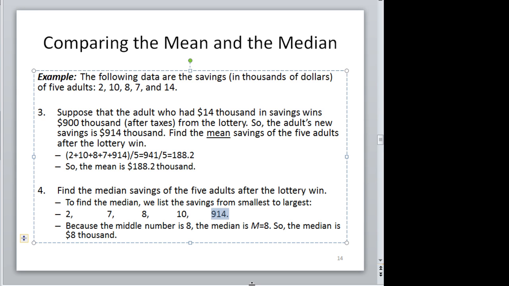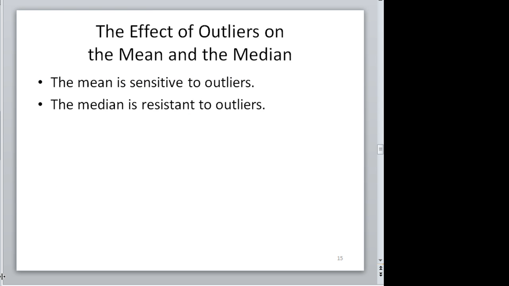Just because one number is extremely big or small doesn't mean it should bring up the entire average. I don't think that's a fair description, right? So it depends on the data set and the nature of what you want.